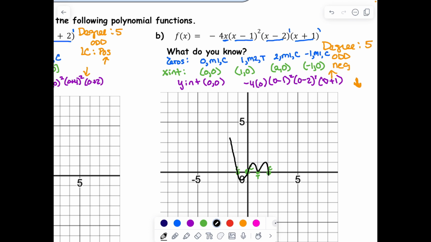Have to go back and cross. There you go. So yours could be different, obviously. You could have gone lower on your turns or higher on your turns because this is not a perfect graph. This is what's called a sketch, okay? And the important things are that we cross and go through the intercepts and that our end behavior is correct.